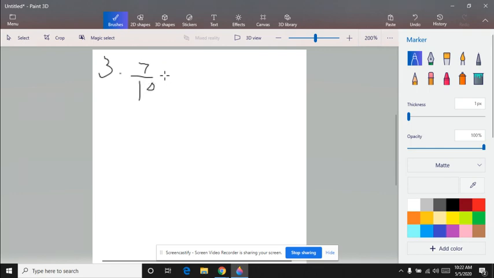Of 90 means I'm multiplying times 90. So this one might be easier as a fraction. Actually, it's not. I don't know. It's up to you. Can I do my butterfly? 10 and 90 can be reduced to 1 and 9. So all it really is 7 times 9, which is 63. So if you want to multiply as fractions, that's fine.